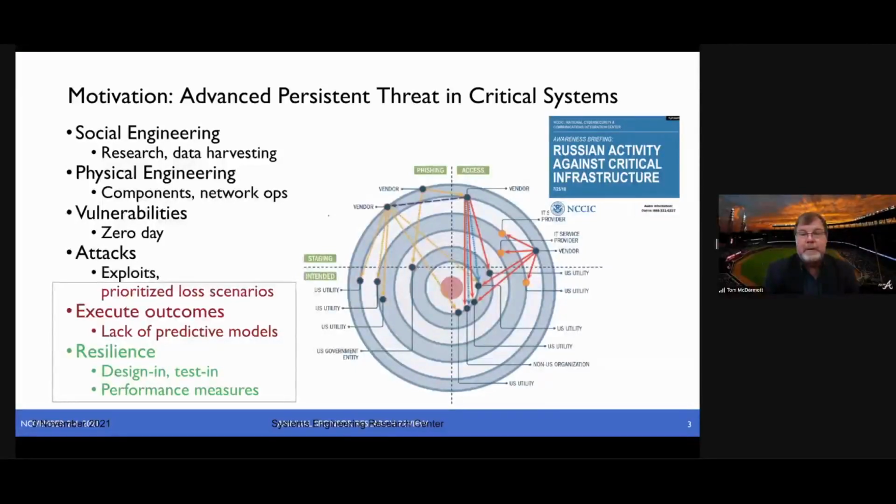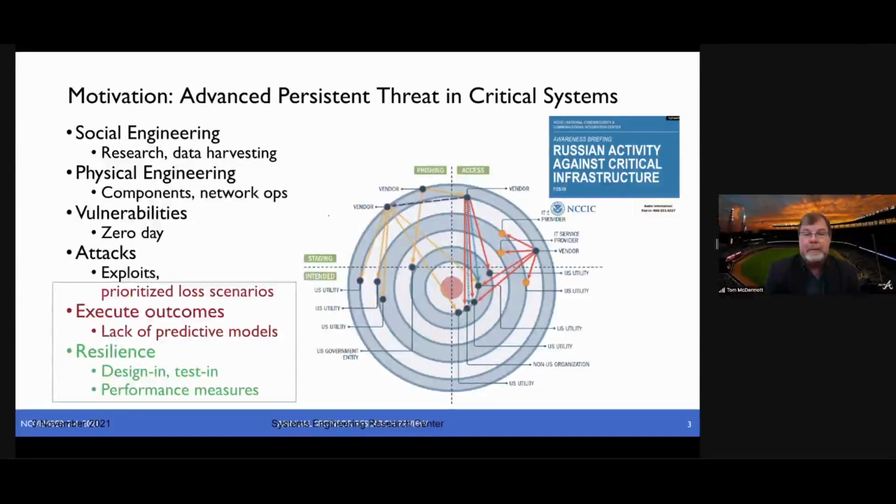And so if you think about the process of attacking a critical system, this report on real Russian threat activity in an American nuclear plant kind of summarizes the process that you have to go through.